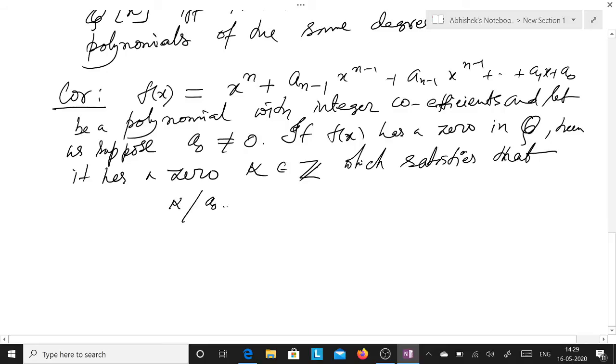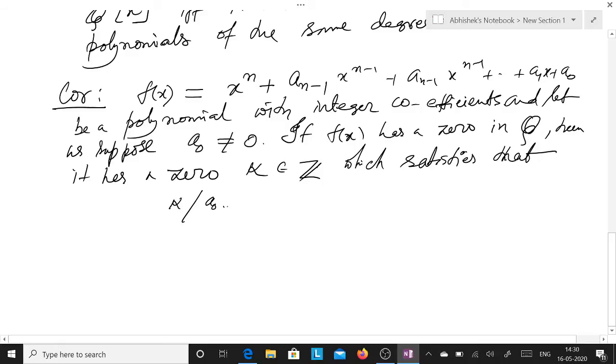So this theorem indicates that if f(x) has a 0 in the field of rationals, then it will have a 0 in the ring of integers, that is, it has an integer root which satisfies the property that this root will divide the constant coefficient of the polynomial.